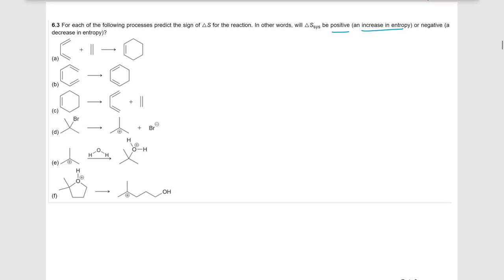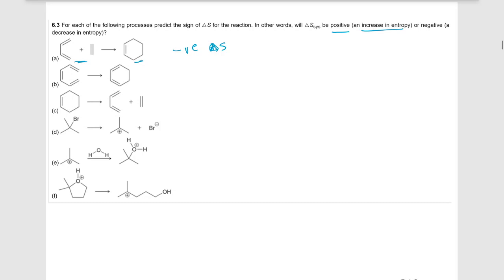So what about A? We're going from 2 moles of reactants to 1 mole of product, and so that's going to be a negative delta S. Okay, negative delta S because we're losing entropy. Our entropy is going down. For B, we've got an open ring going to a closed ring. This is a kind of a pericyclic reaction.